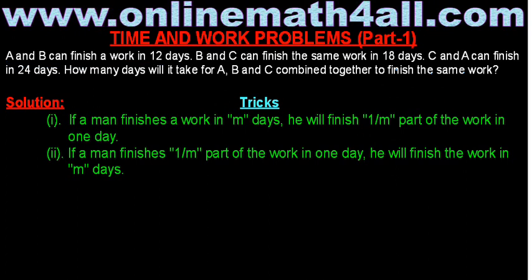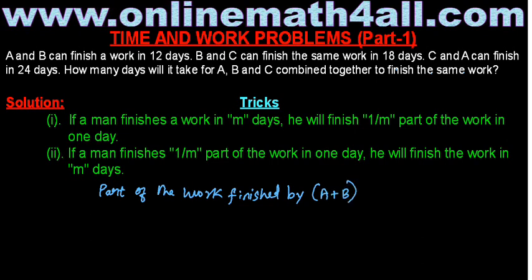Then the part of the work finished by A and B, that is A plus B, in 1 day: they together finish a particular work in 12 days, so the part of the work finished by A and B in 1 day will be the reciprocal of the total number of days, that is 1 over 12.